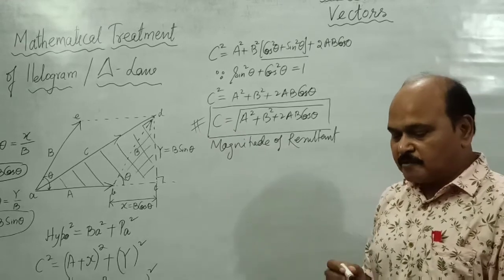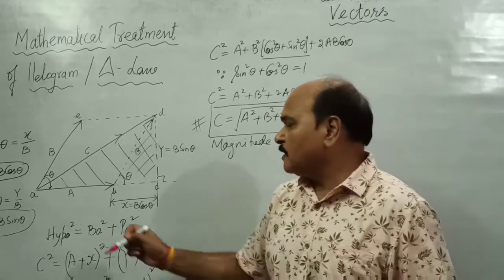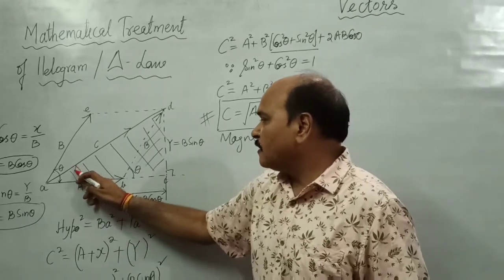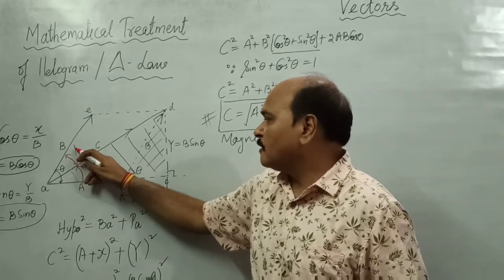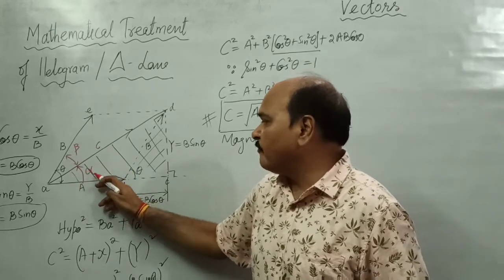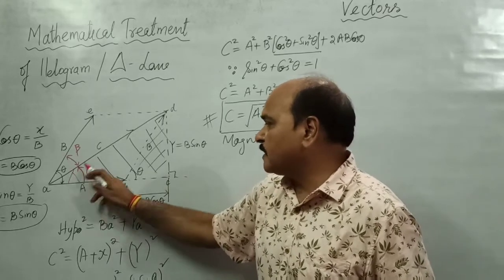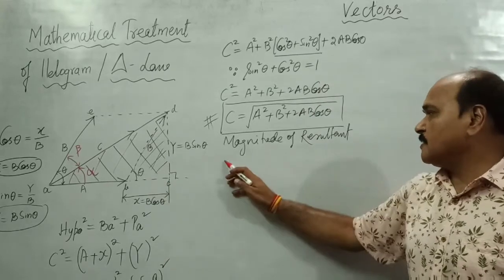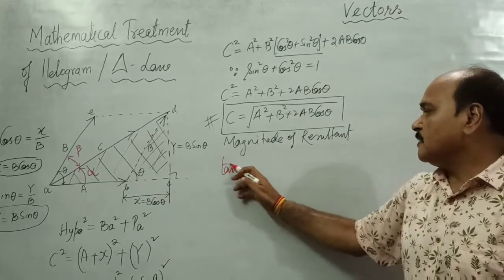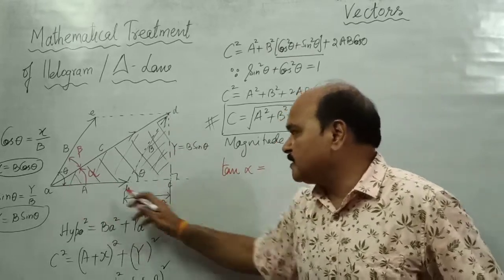What is the direction of vector sum? For finding out the direction of vector sum, we have to find out either this angle or this angle. Let us say this angle is alpha. So the value of alpha can be found out from the same big right angle triangle. Tangent of alpha is going to be perpendicular upon base.